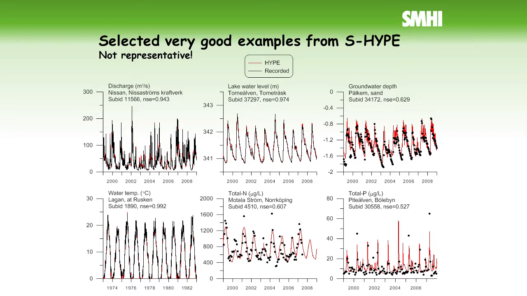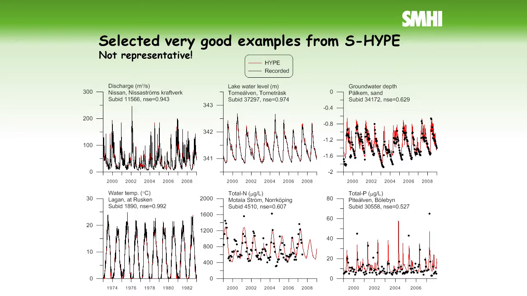But anyway, it's to illustrate the type of variables that you can get out. Discharge, of course, that's the core of the model. We wouldn't have a model without discharge. And these are the NSEs here as examples, 0.94.